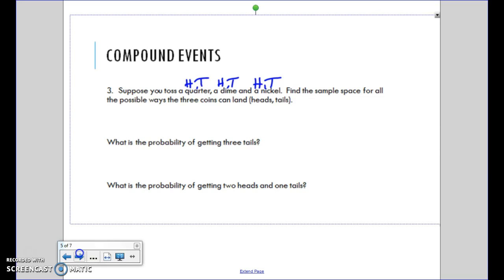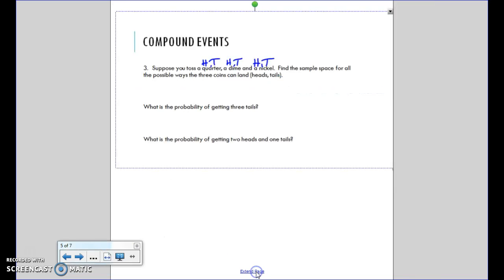So what we're going to do is we're going to start with our tree diagram. And this one's going to take a little more room because it's a little bit bigger. Let's go ahead and see if I can scroll down a little bit and make some room. Then we'll come back up when we need to. So when I flip the first coin, regardless if it's a quarter, a dime, or a nickel, there's 2 things that can happen.